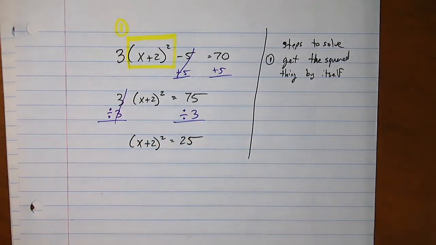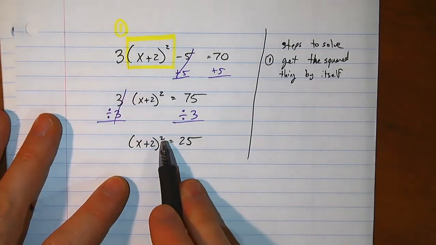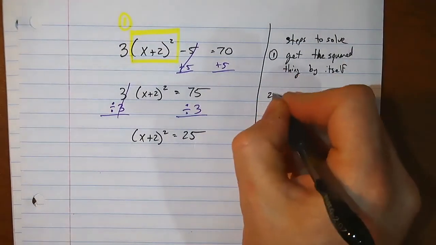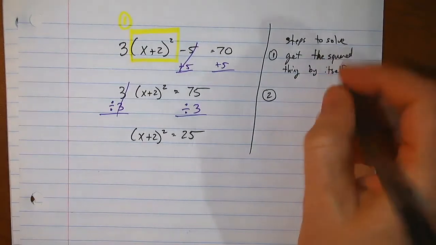So now I'm ready to get rid of the square, okay? Now we know from working with radicals that squares and square roots cancel each other out. This time, however, I have a square. So if I want to cancel that out, I need to use a square root. And that's what this method is all about. We're going to use square roots in every one of these problems today.